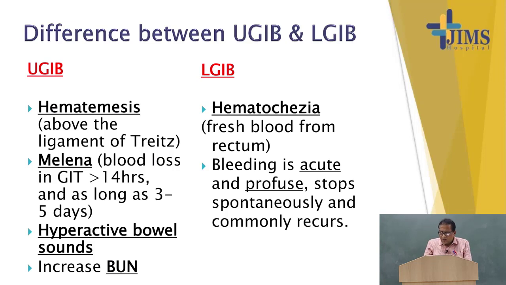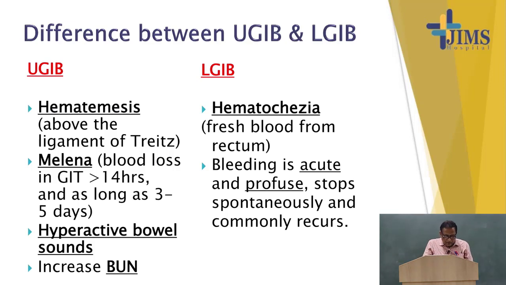We'll go for some baseline investigations also. The baseline investigations will dictate whether the patient has some comorbidities that I have mentioned. So full blood count is important. There may be anemia found in chronic and subacute bleeding. Hemoglobin concentration may be normal after sudden major bleeding, as I have mentioned, until hemodilution occurs.